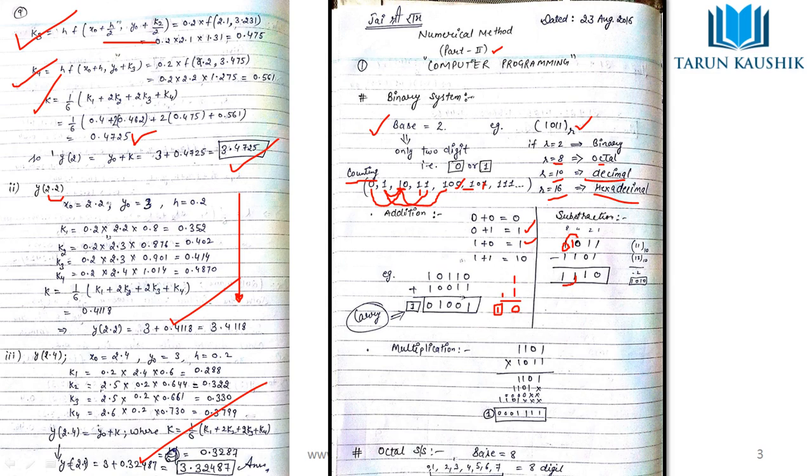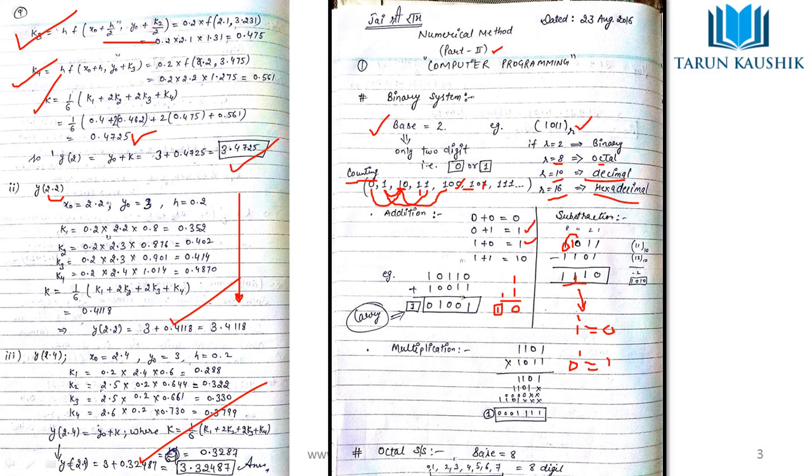So this answer is in the form of complement. Complement means the complement of 1 is 0, and the complement of 0 is 1. So when you take the complement of this, you will get your actual answer.